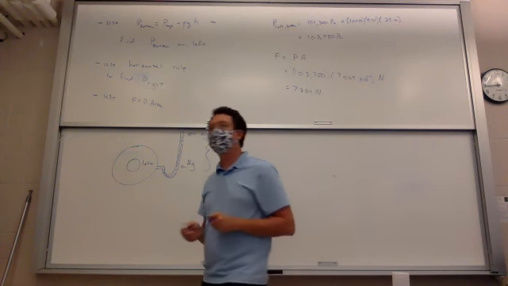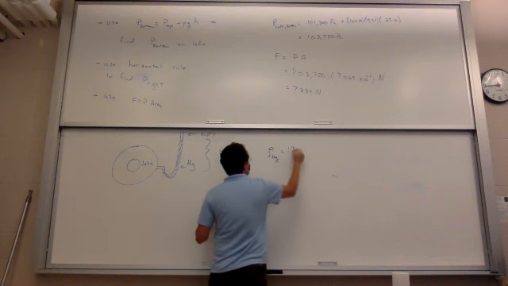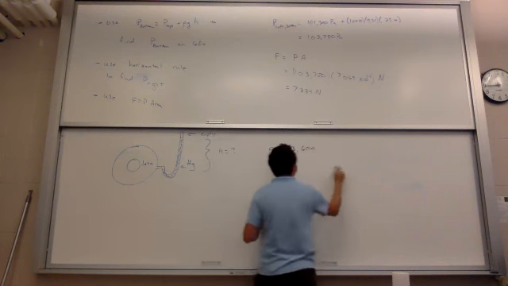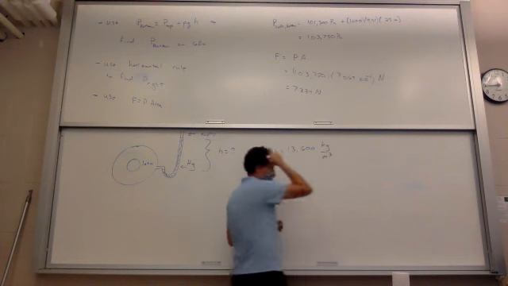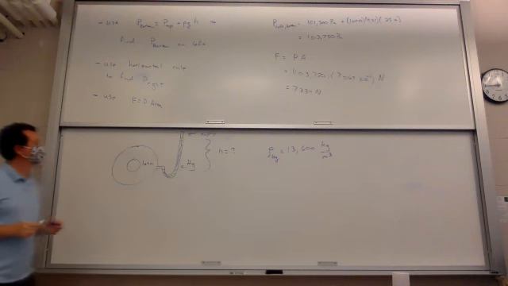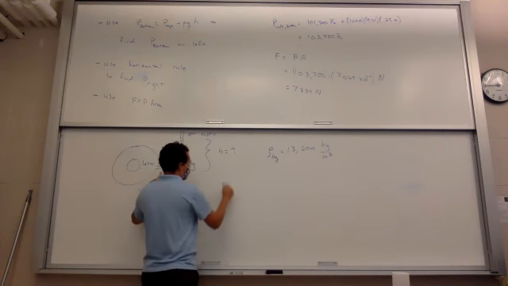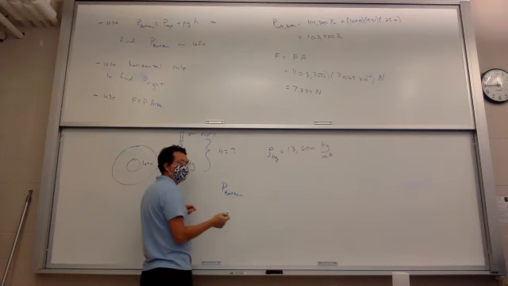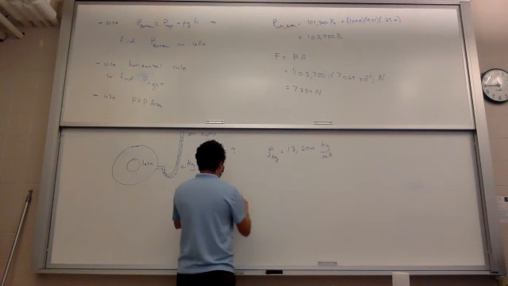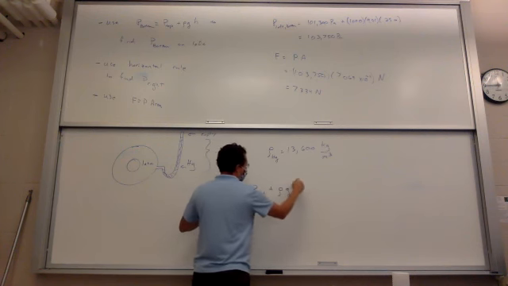13,600. Yes, the density of mercury is 13,600 kilograms per meter cubed. Pressure at the bottom is pressure at the top plus rho g h.